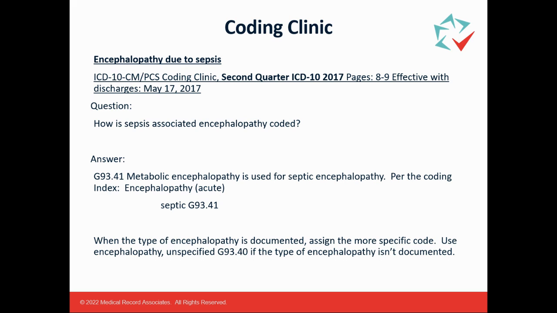And if you look in your coding index, you'll see encephalopathy, and under there, you'll see septic, and that's the G93.41. When the type of encephalopathy is documented, assign the more specific code. Use encephalopathy unspecified G93.40 if the type of encephalopathy isn't documented.